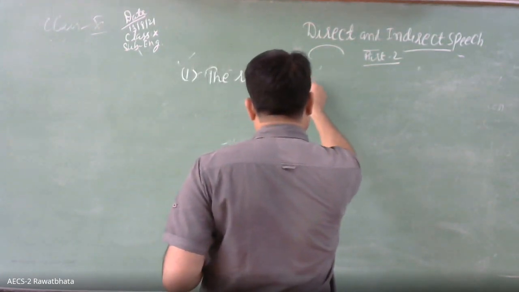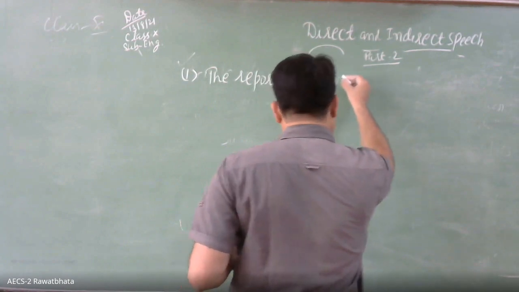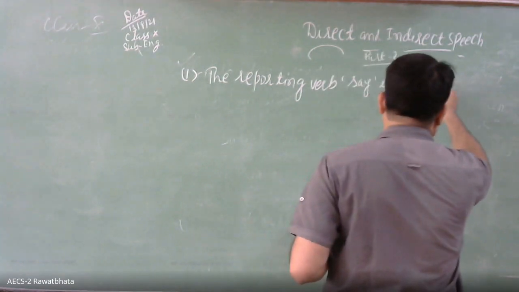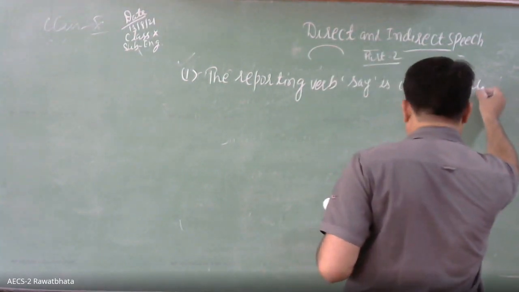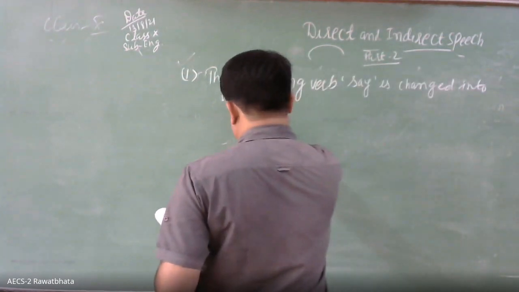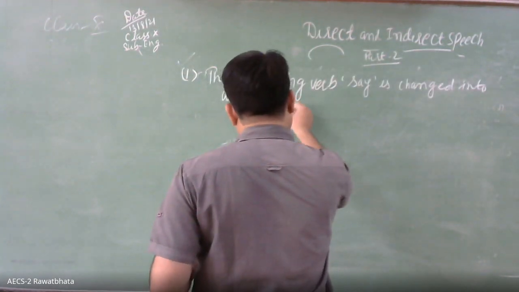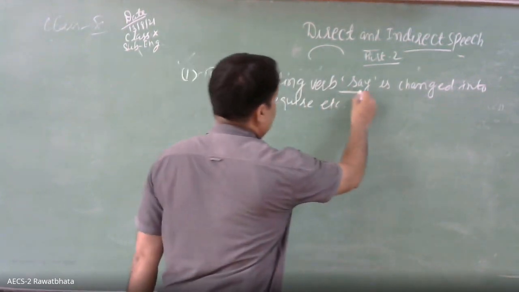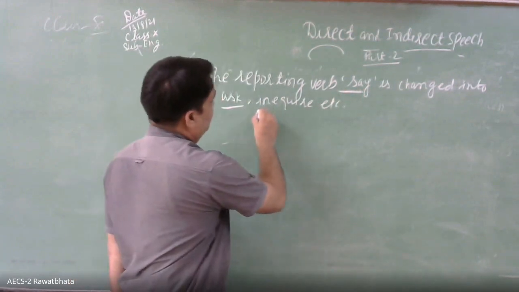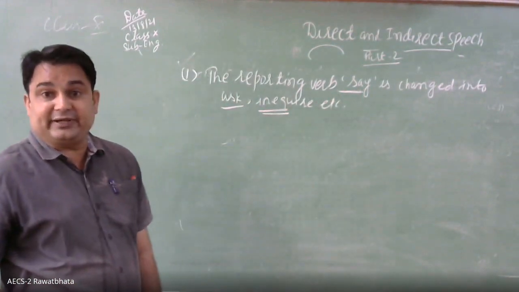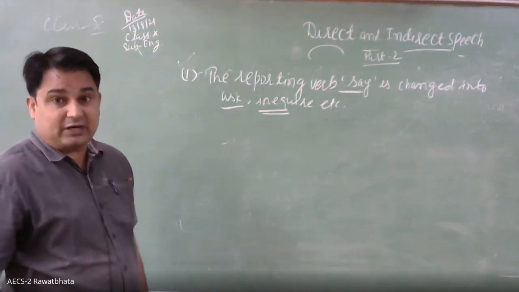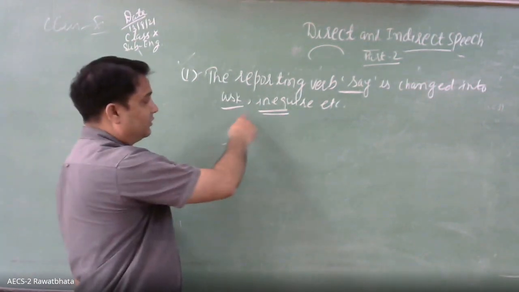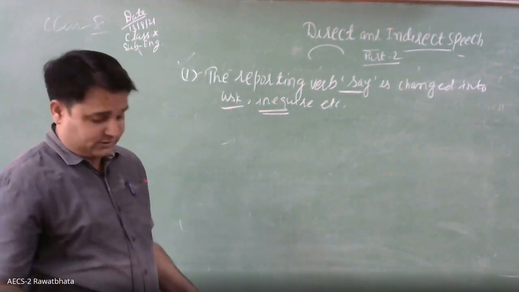The reporting verb say is changed into ask or inquire. Or if it is said, in past, then it will become asked or inquired. Asked or inquired. This is the first change.